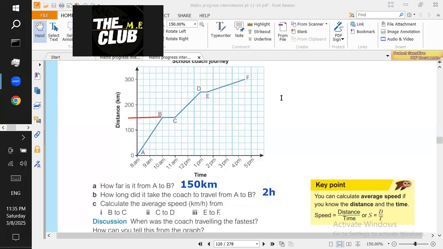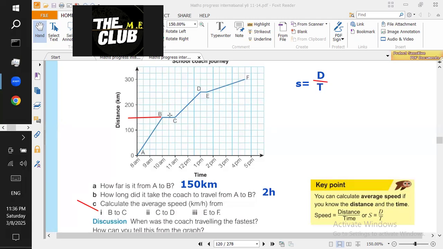For average speed, you have to know that speed equals distance over time. To find the speed, you divide the distance by time. Let's talk about B to C first. From B to C, did the distance change?